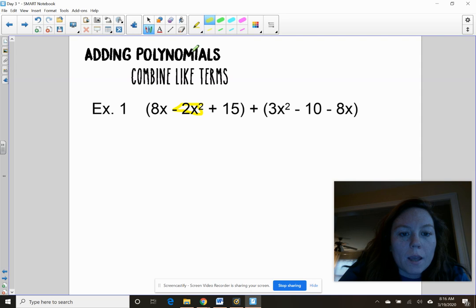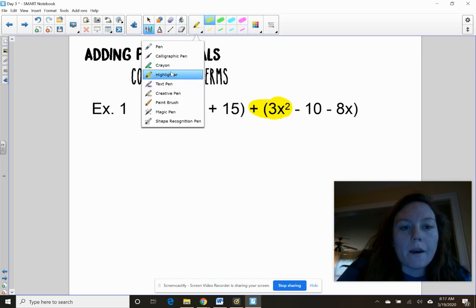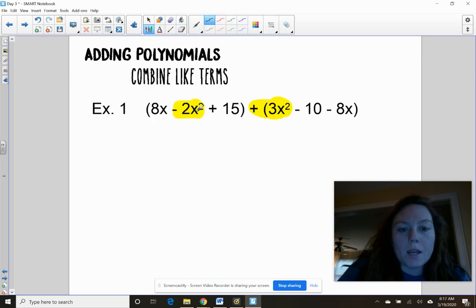I'm also going to highlight the sign in front of him because the negative belongs to the negative 2x squared, okay? So what's like terms with him? This guy, because he's also squared, and he has a plus sign in front of him, okay? So what do we get when we add negative 2x squared plus 3x squared? That turns into a 1x squared.